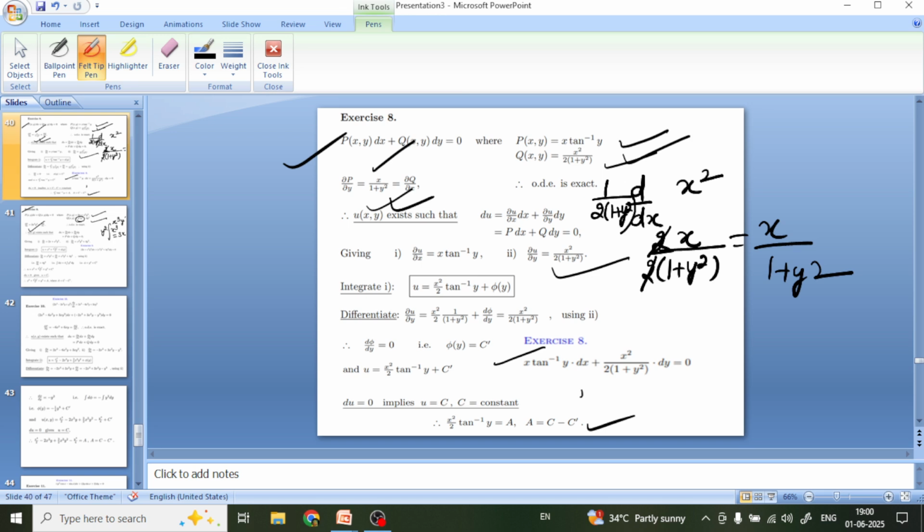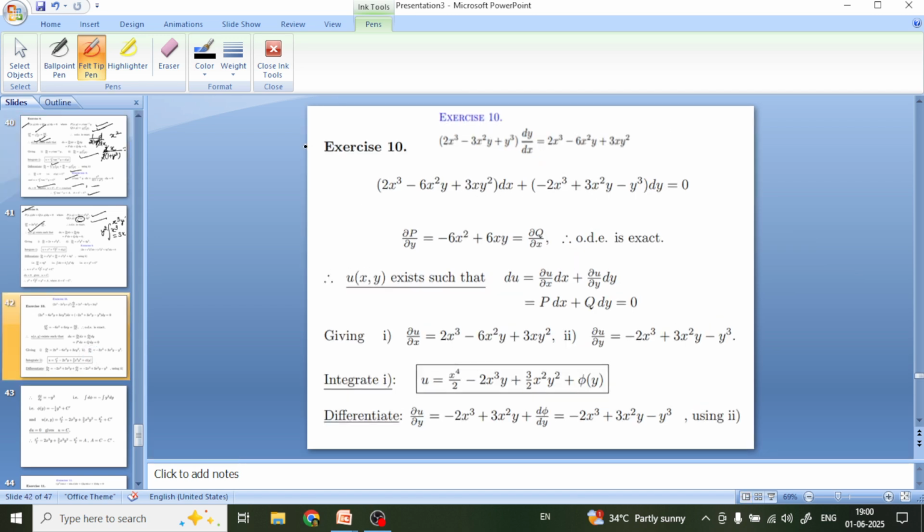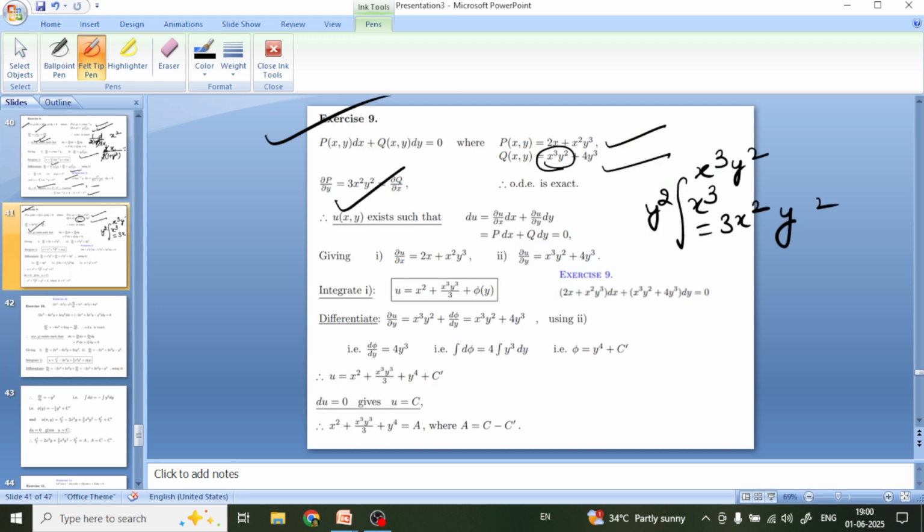After that, it's integration, and it should be written again. You have to find out its differentiation, and you can see here this will be equal to. Now, next in the ninth question you have to find this value. After that, this is the first question, this is the second equation.